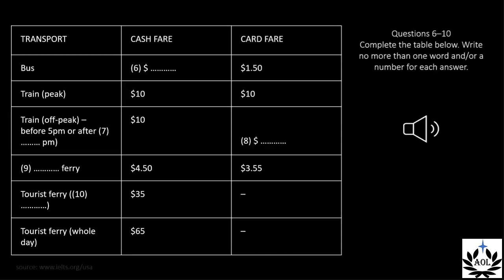Wait, do you have a Travel Link card? No, but I can get one before tomorrow. Okay, well that'll make it considerably cheaper then. The bus will cost $1.50 each way, and the train to Harbour City will still cost $10 because you'll be travelling during peak hours in the morning, so no savings there, I'm afraid. However, if you could come back at an off-peak time... What does that mean? Well, if you could start your return journey before 5 p.m. or later than 7:30 in the evening... Actually, I wasn't planning on coming back till at least 8 o'clock anyway. Oh, in that case, you can make quite a saving if you use your Travel Link card.